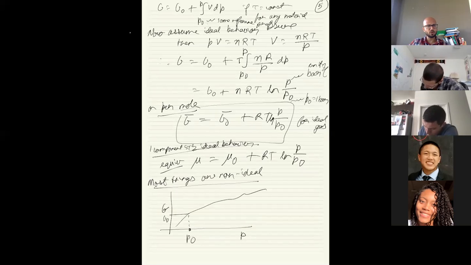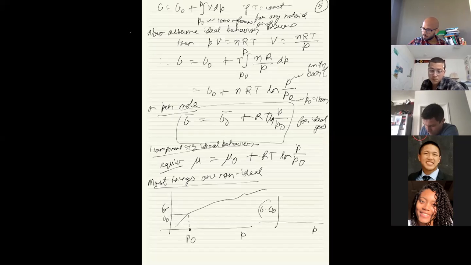At some reference pressure P naught, my G is G naught. Now I can subtract out the G naught, right? I can plot G minus G naught versus pressure, instead of plotting G.